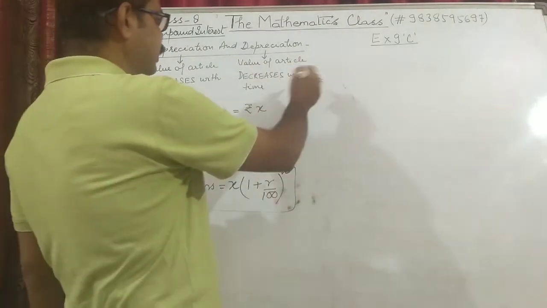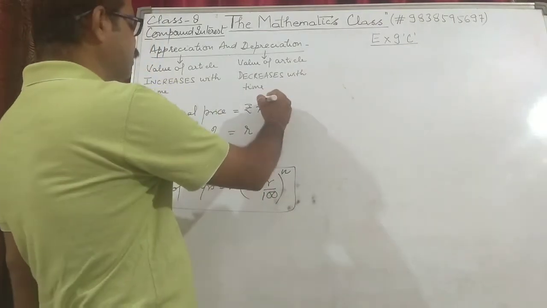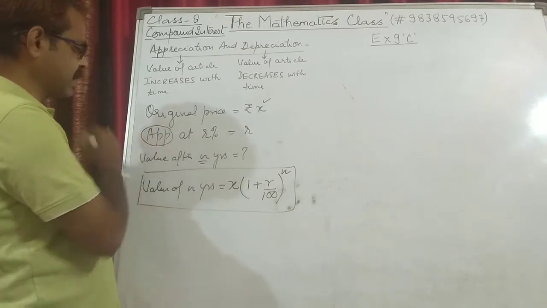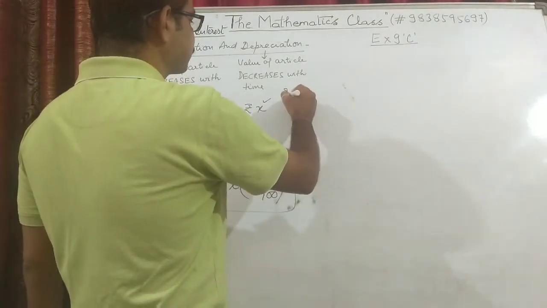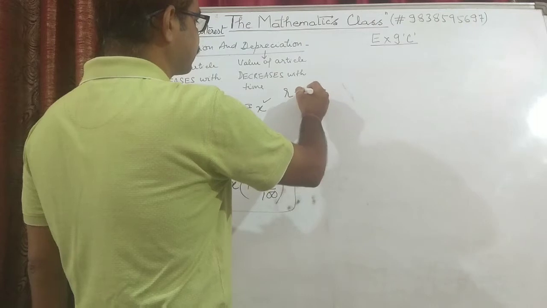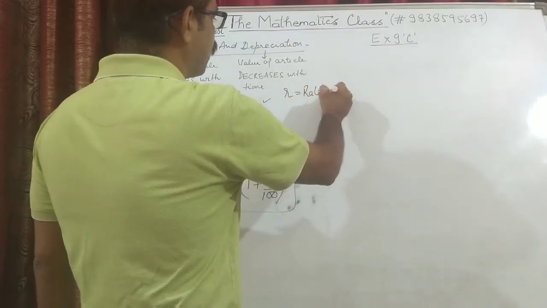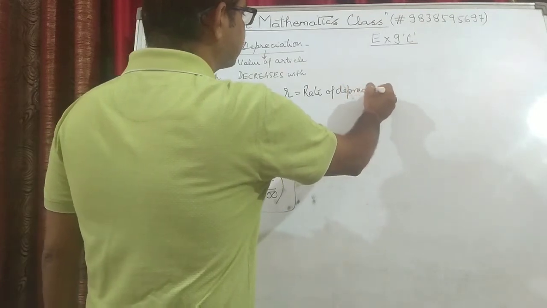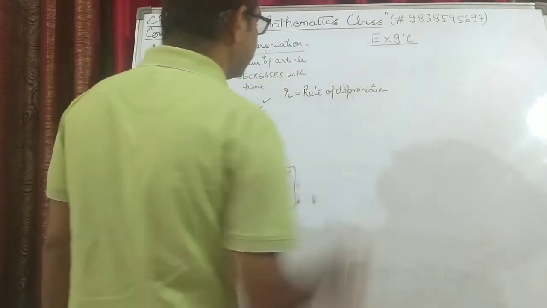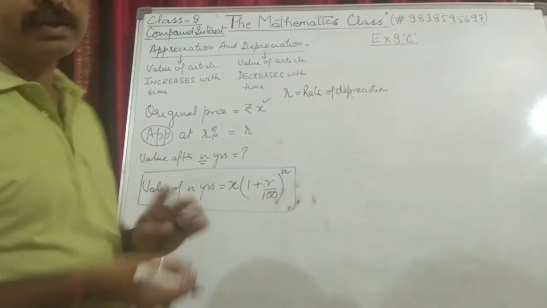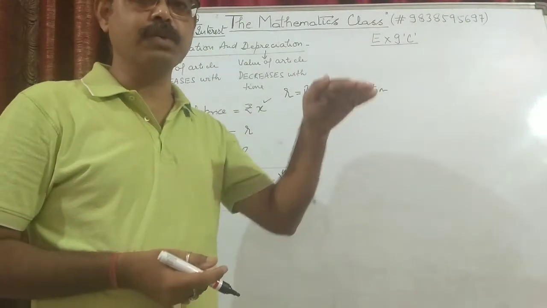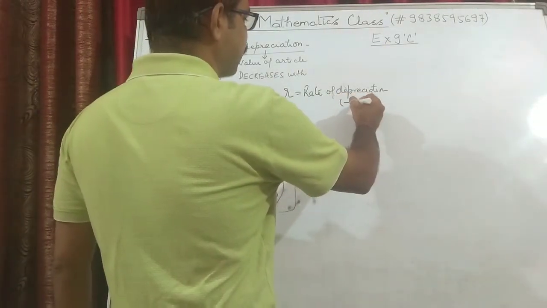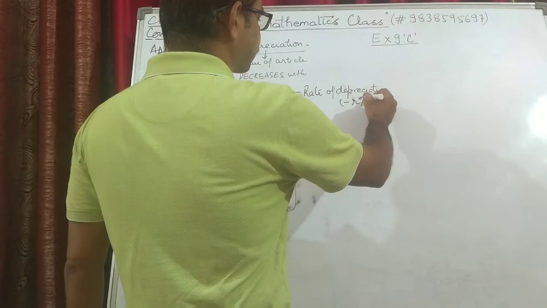Now suppose the same thing, the original price was X, but in the second case R will be considered the rate of depreciation. When the value is going down, we take the rate as negative, so the rate of depreciation is generally minus R%.